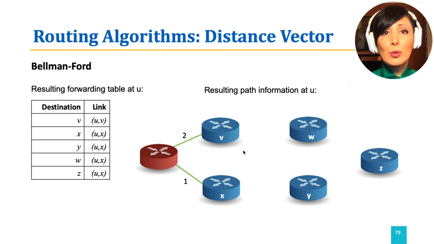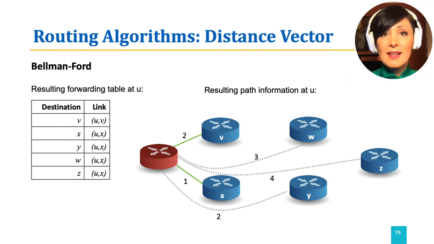To go to node Y, the next hop will be X, and the link U-X will be taken. To go to node W, again, the next hop will be X, and the link U-X will be taken. Same for node Z. The next hop will be X, and the link U-X will be taken.